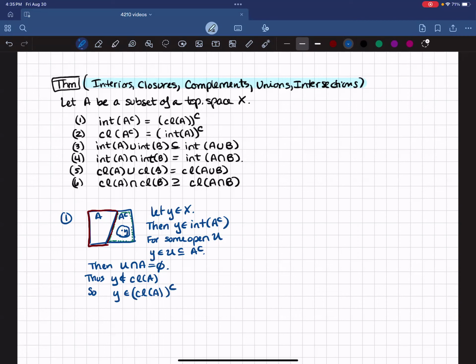Okay? So what did I just show? I just showed that if Y is in the interior of A complement, then it's in the complement of the closure of A. And we could go the other direction very similarly.